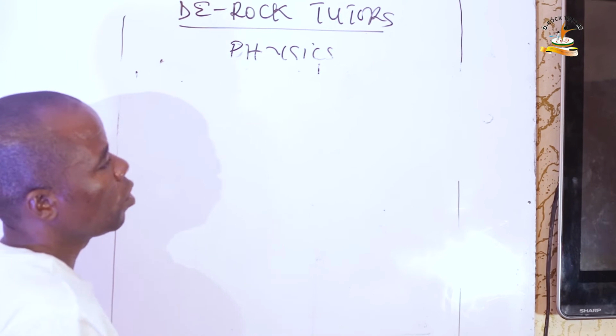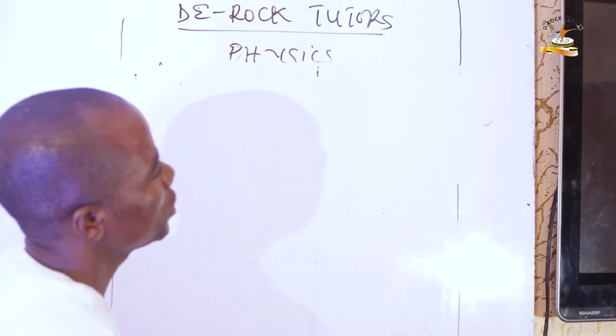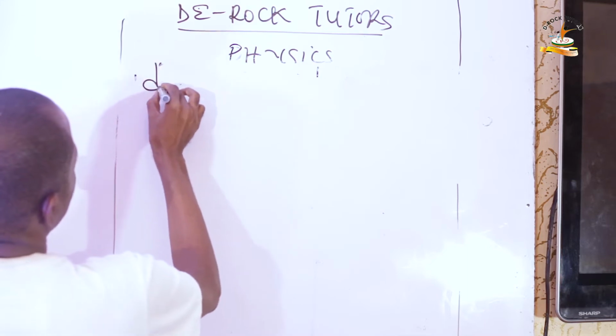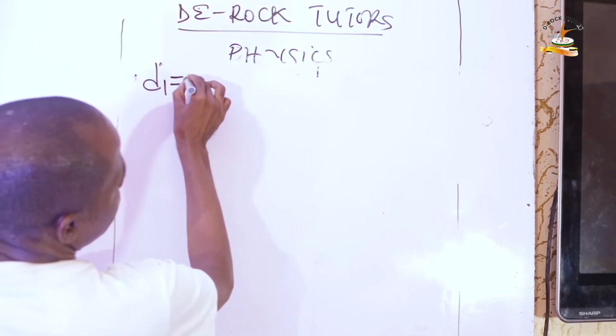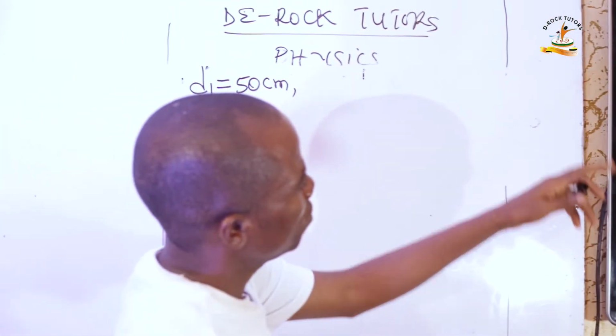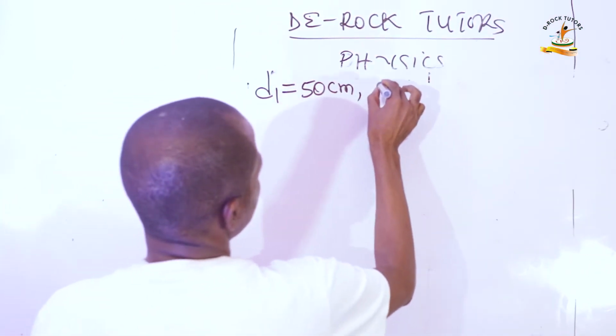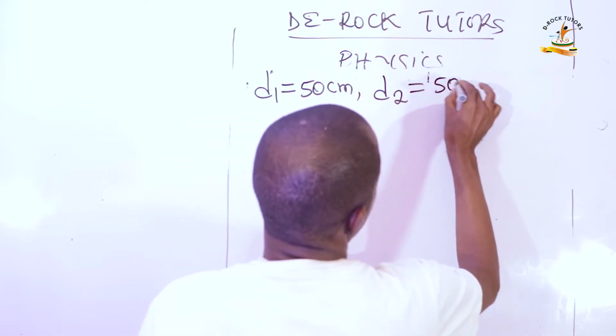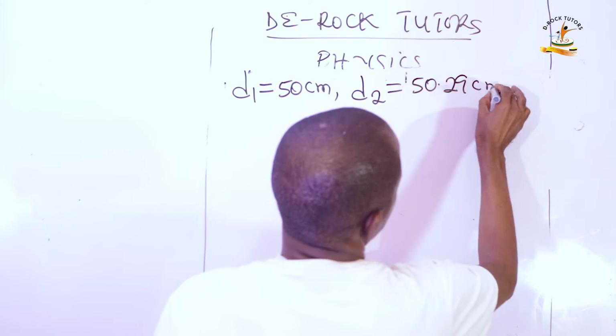This question is on expansion. So we'll be given the original diameter. Original diameter D1 is 50 centimeters. We'll be given D2. When it is heated, the diameter increases to 50.29 centimeters.